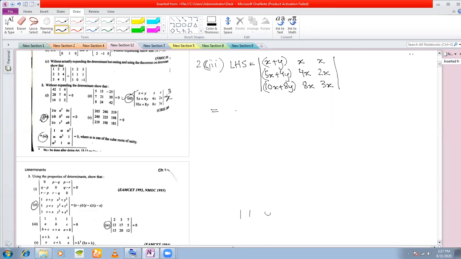So we shall try to bring two zeros in any particular row or column. So how do I bring zeros? Any idea?